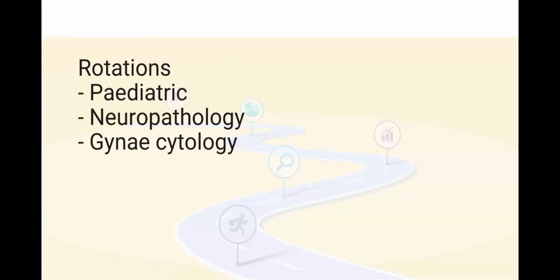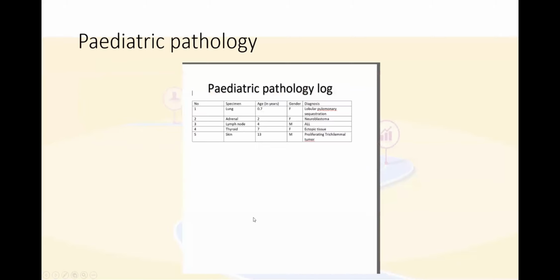And I think that also counts, because molecular is one of the major aspects. So for immunohistochemistry and molecular, you can put up the evidence too. This is again an example, the pediatric pathology log. You can put up the letter for the rotation if you have done it, then the log of the cases which you have seen, and then the reflections and webinars.